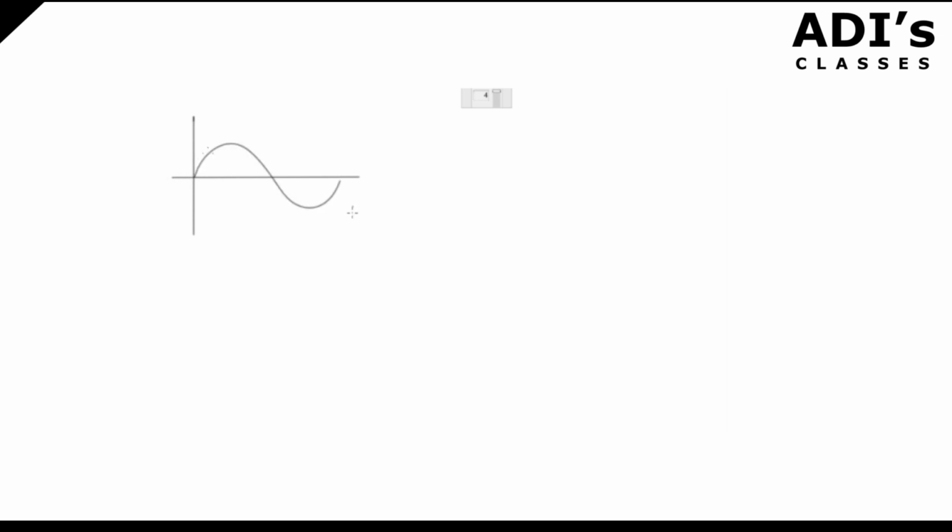Intensity is the square of the amplitude. So ultimately the intensity I is equal to A1 square plus A2 square plus 2A1 A2 cos phi. This is what we get for the intensity.